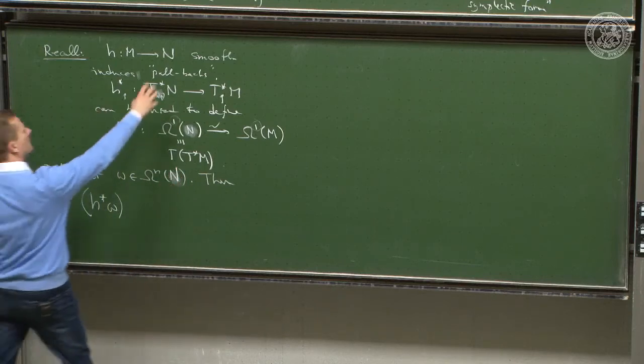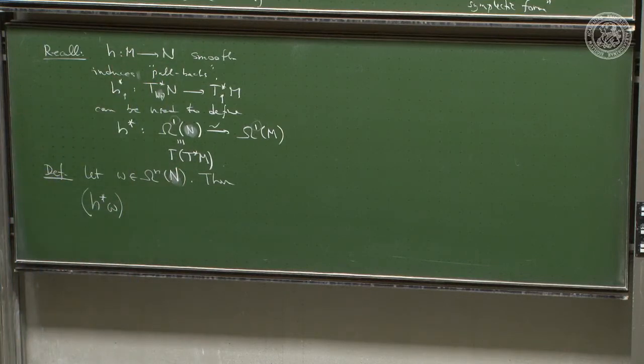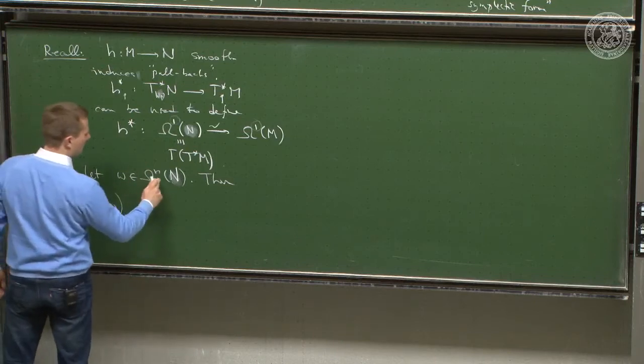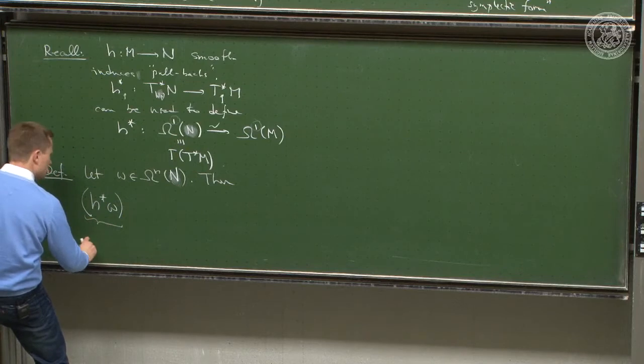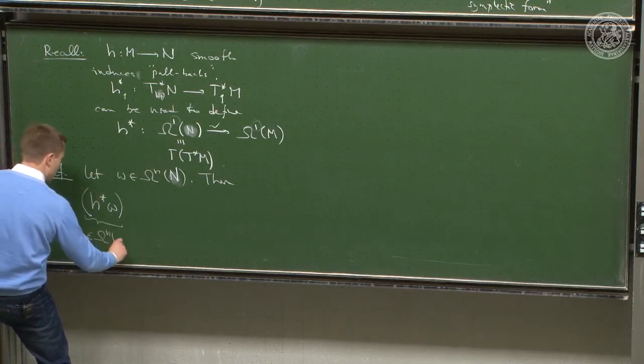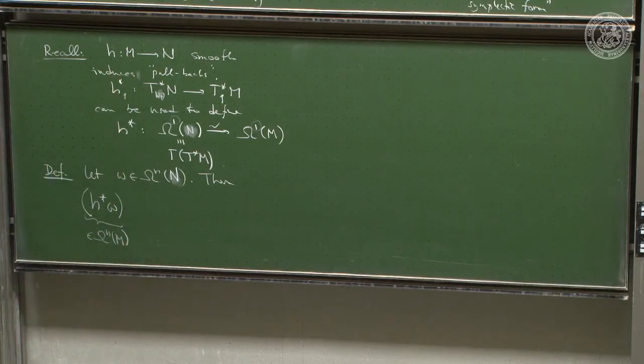We have to start with an n form here, and we can pull it back to an n form here. So the omega is in Omega n of N. And that's what we want to construct, an element of the n forms, but on the original manifold M.